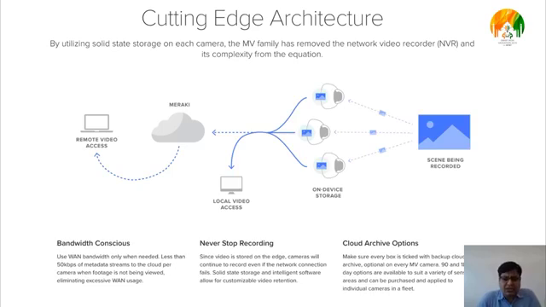Looking further into this architecture, the cameras installed on these premises capture video streams, and the onboard processor analyzes the video stream and stores it locally on solid state devices. The local security person can view these video streams directly from the camera without going over the internet.